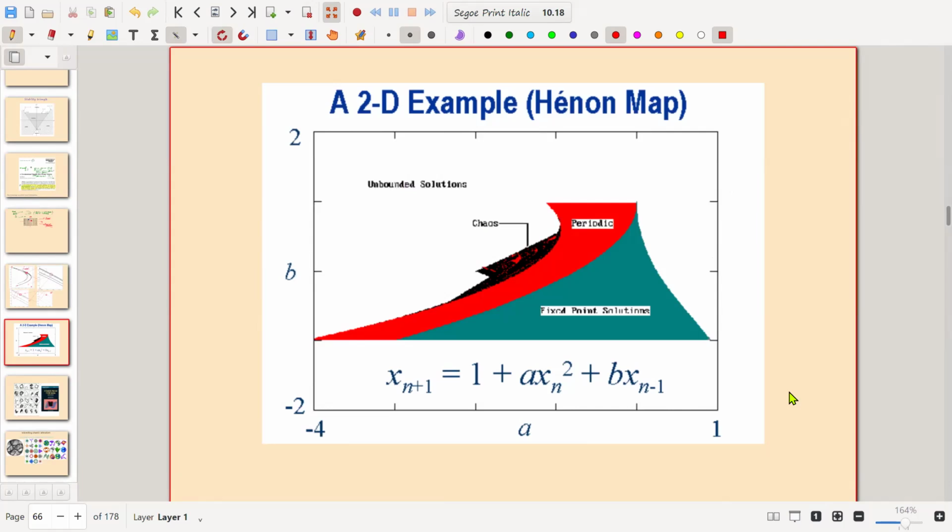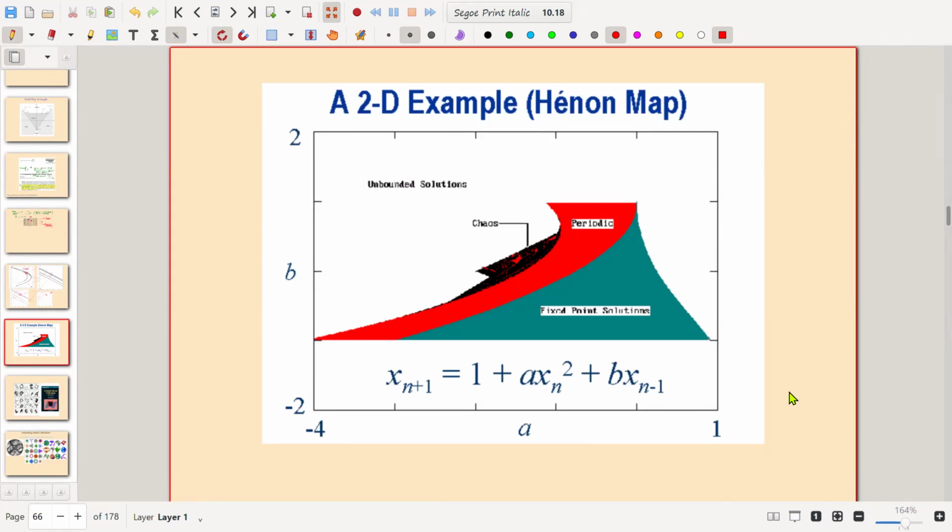You know, in the Henon map, you have two parameters, A and B, right? As you vary parameters A and B, you get periodic solution, fixed point, chaotic attractor, it might diverge, right?